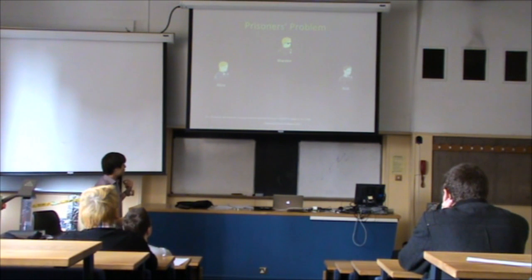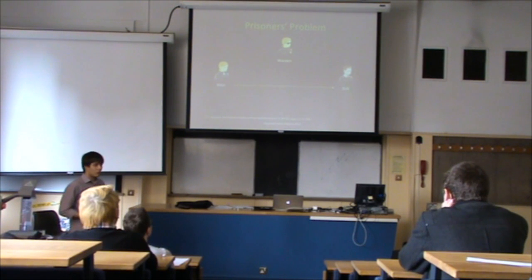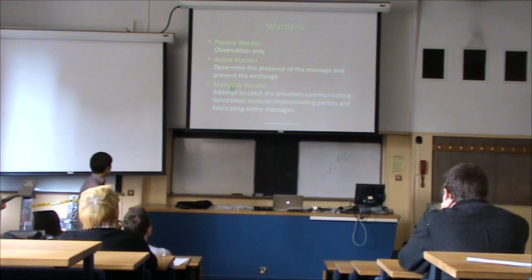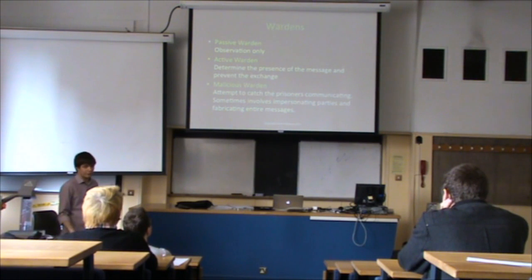So if Alice wants to send a message to Bob, what you've got to be mindful of is that your warden can try and intercept this message, and they can do any manner of things. And as we see, there are different types of wardens, and they can all do different things to the message, and as a result, different things can happen for the recipient.